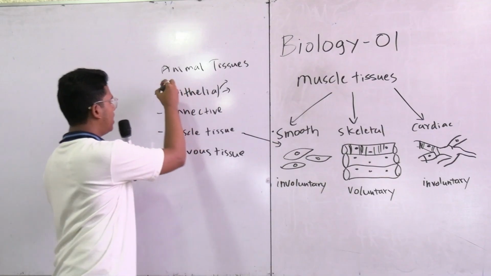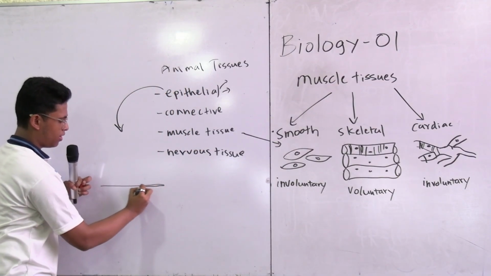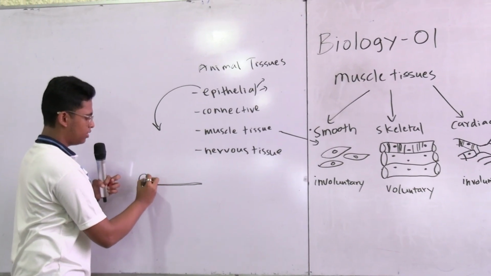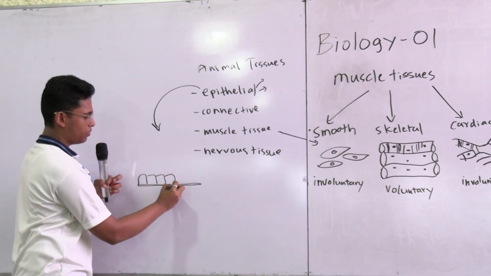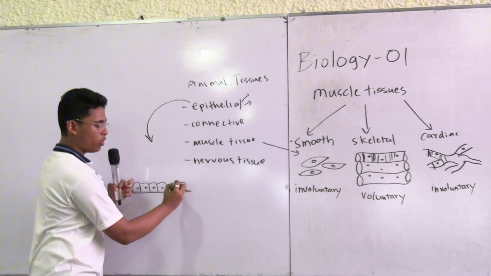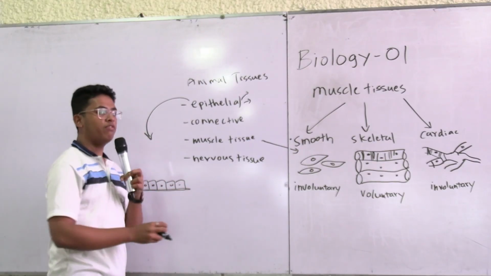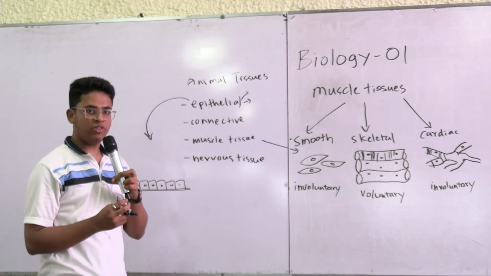In epithelial tissue, you will have a basement like this, and on that cells will be placed. Depending on how the cells are arranged on this basement, we will have different types of epithelial tissues.